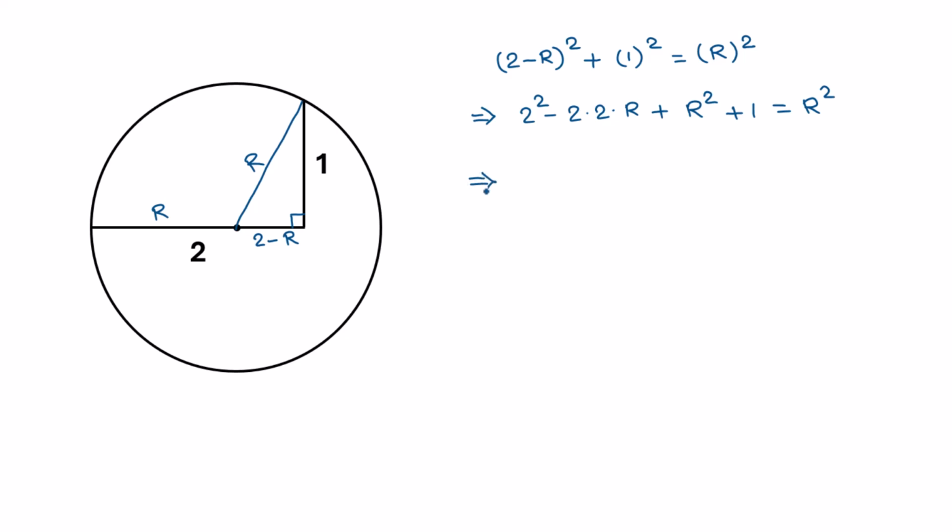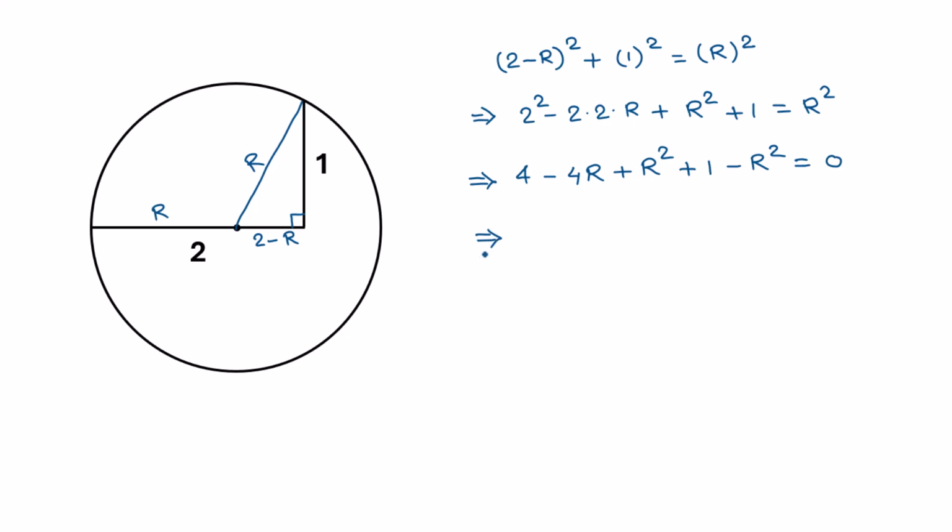Or this 2 square will be 4, minus 2 times 2 is 4 times r, this is 4r, plus this r square plus this 1, and taking this r square to the left side, we will get negative r square is equal to the right side, which will be 0.